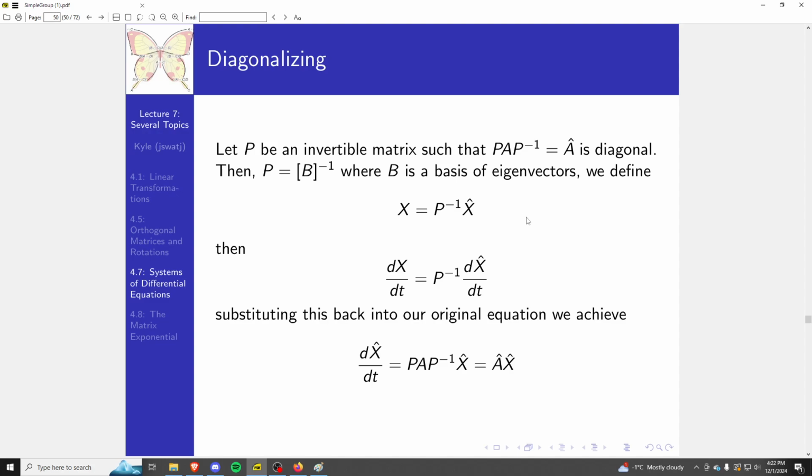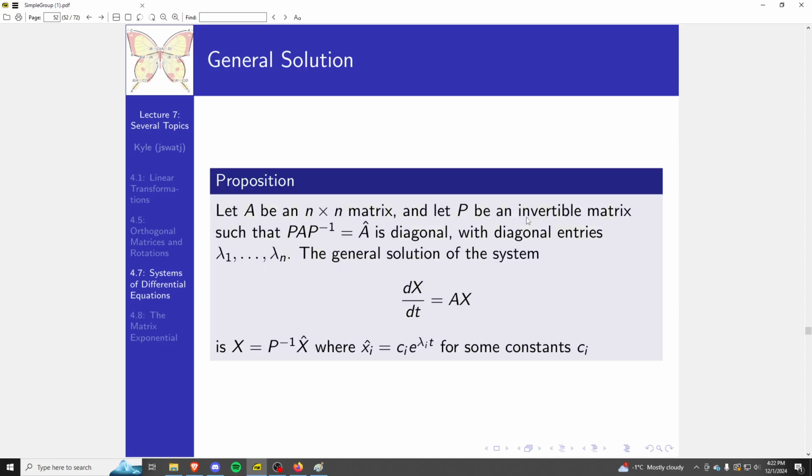We don't know what x hat is yet. And part of the result is that we can calculate what x hat is here, each of the components. So in order to find the solution, we have to find what x hat is using the diagonal entries to recover what the solutions are. But yeah, this is the main result.